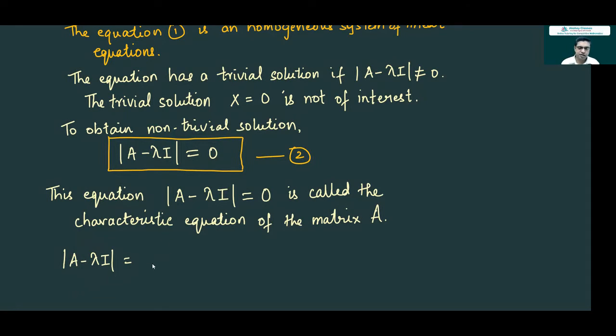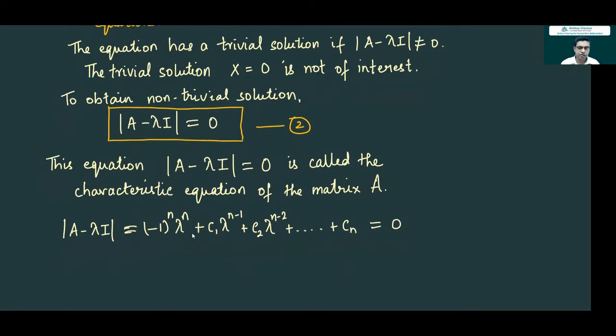When you take the determinant of this, you will get an equation: minus 1 to the power n lambda to the power n, plus c1 into lambda to the power n minus 1, plus c2 into lambda to the power n minus 2, and so on, plus cn. This will be equal to 0.